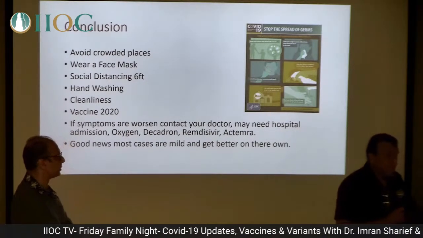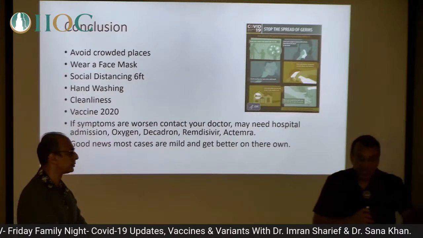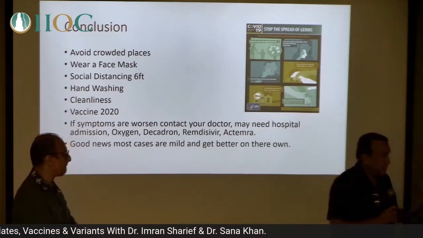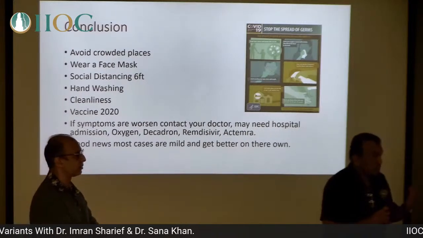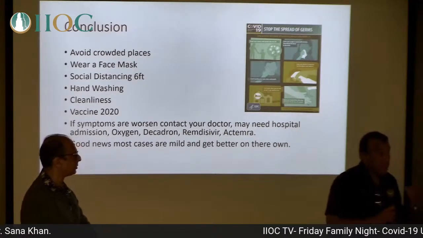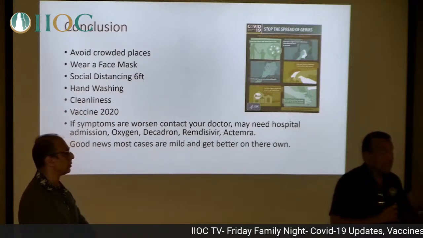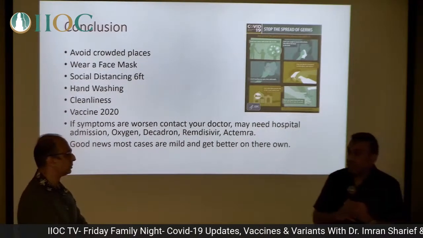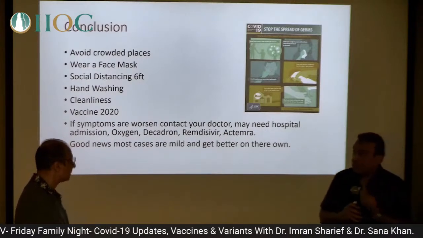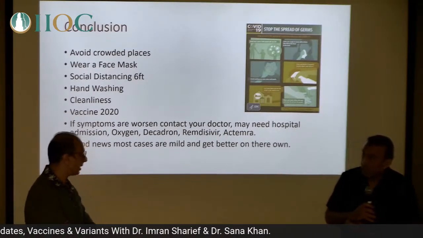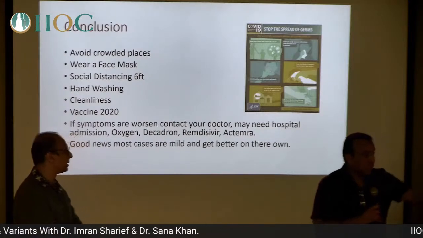But if somebody sneezes or coughs on you, or you touch something with a large amount of the virus and then touch your nose and face, you're going to be exposed, and it's very difficult to fight this virus right now because of its multiplication rate. It really does multiply faster. In fact, Delta, I've heard, has about 1,000 times more viral load in people's nasal passages. So it's very tricky.